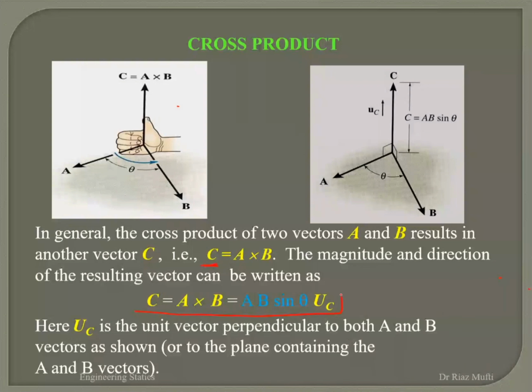Therefore, the commutative law, where A cross B equals B cross A, does not apply to cross products. But if I do this, C is equal to B cross A, which means it's pointing downward. But if I put a negative here, then it means it's on the other side.